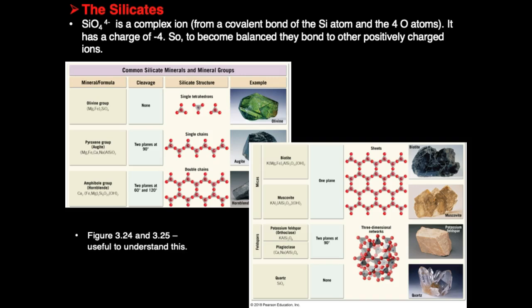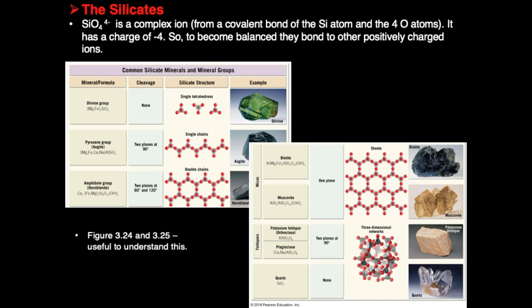By their bonding, this complex ion basically has a charge of -4. So to become balanced, this complex ion needs to bond to other positively charged ions. It needs to have some sort of extra ionic bonding to its structure, typically.